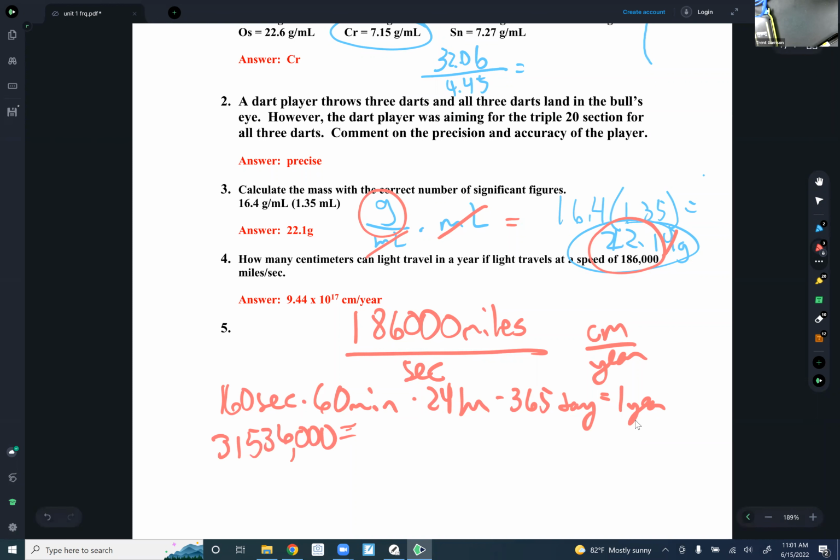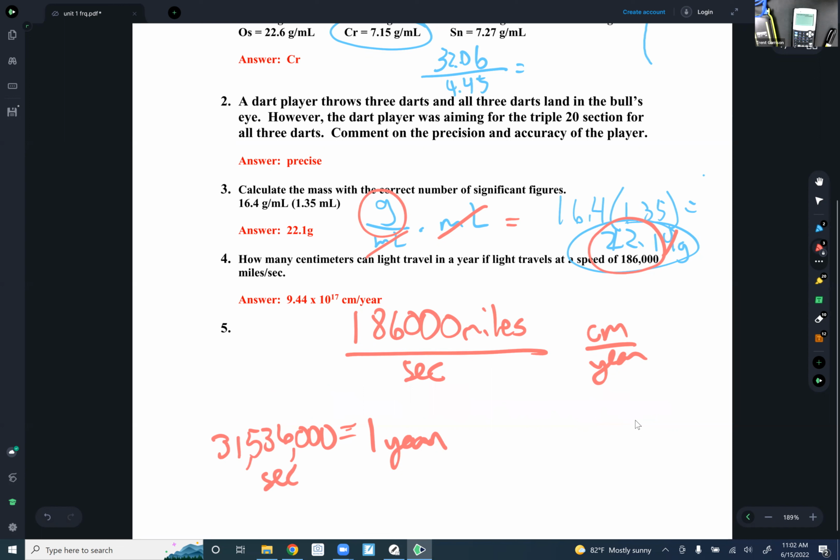So that's 31,536,000 seconds in 1 year. All right, so we have our first conversion from seconds to years. Quite outstanding. I'm going to erase that portion now so that we can work on the next portion.